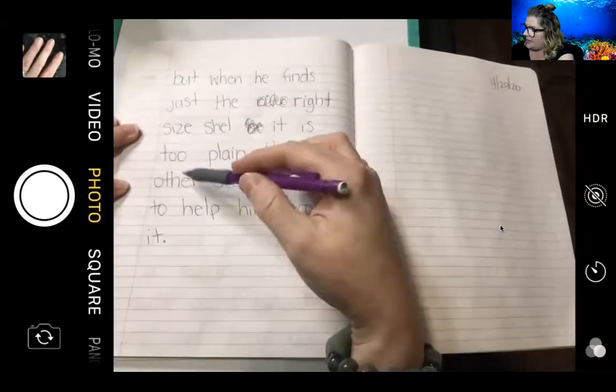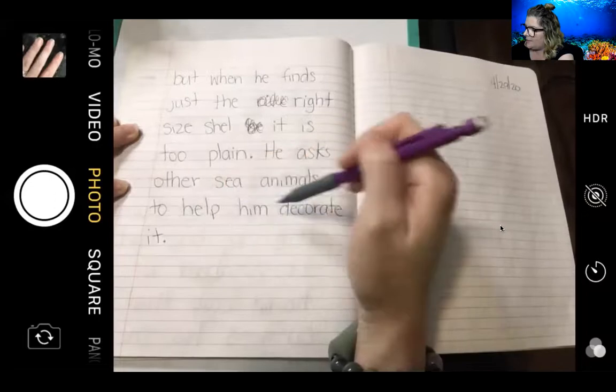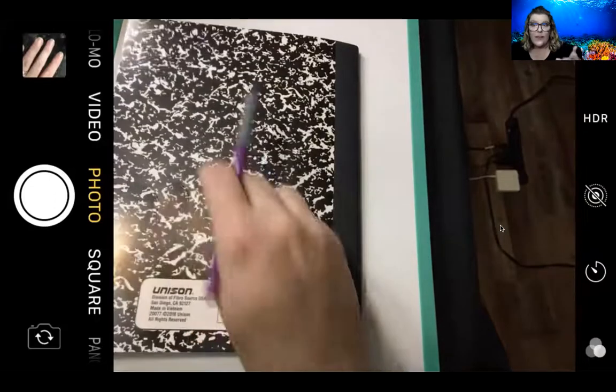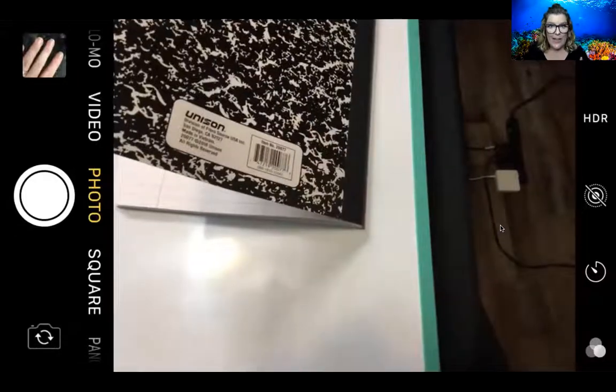He asks other sea animals to help him decorate it. Alrighty, that is my writing for today. If you don't want to listen to the story, you can go ahead and get started on your writing. If you do, stick around and let's listen to Eric Carle's A House for Hermit Crab.